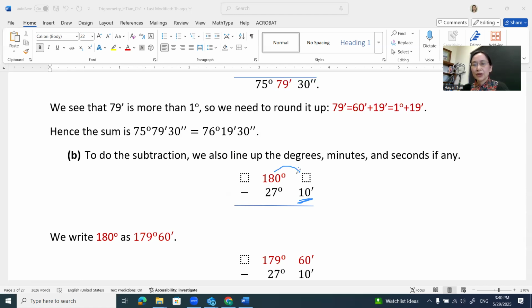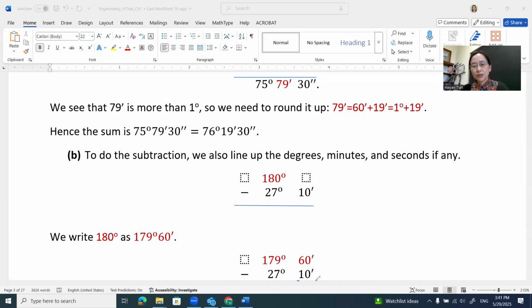After you borrow 1 degree, then that 1 degree is actually 60 minutes. So we can rewrite 180 degrees into 179 degrees and 60 minutes. Now we're ready to do the subtraction.